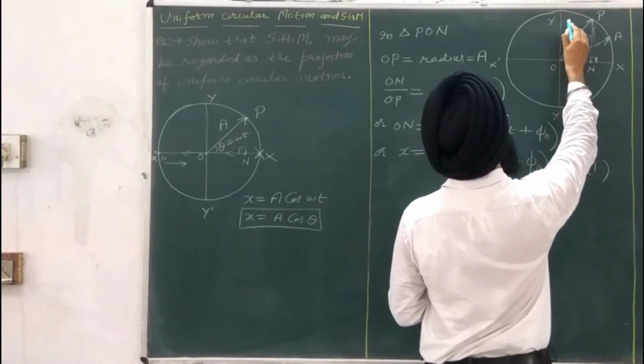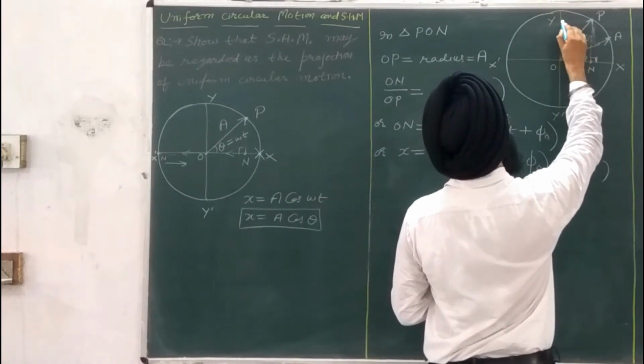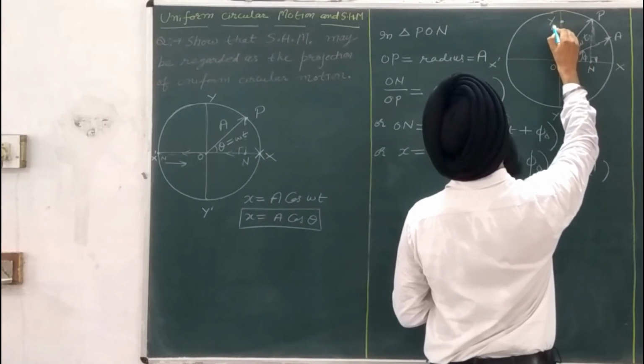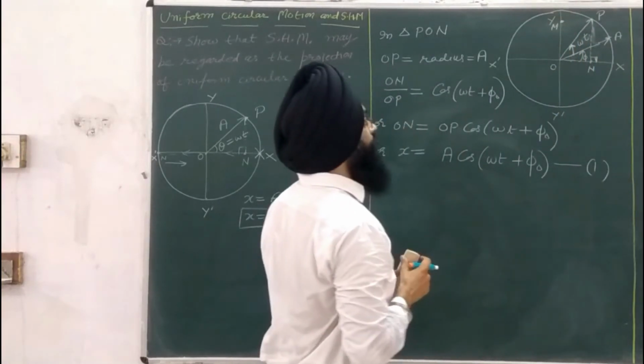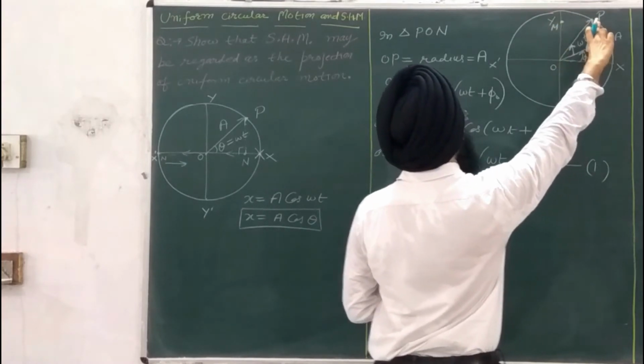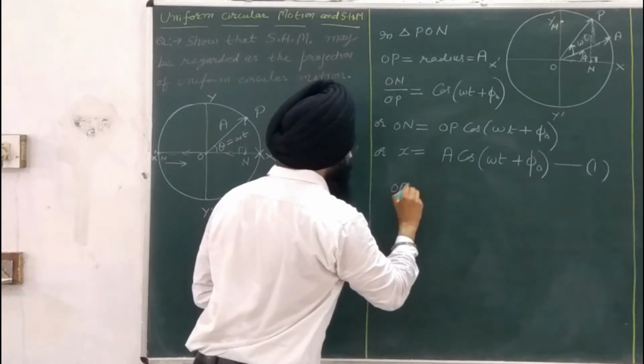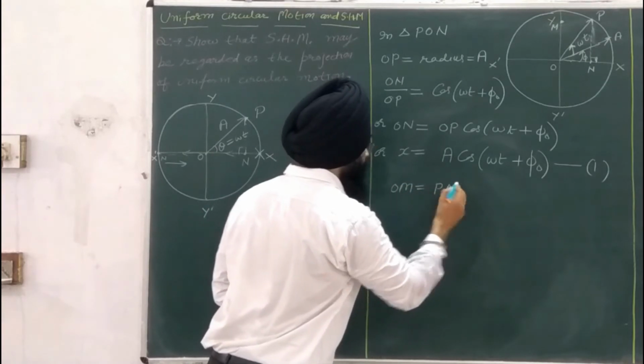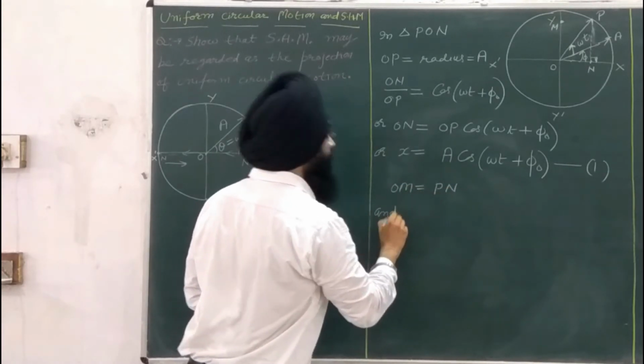If I write this point as M, so clearly in this triangle, OM is equal to PN.